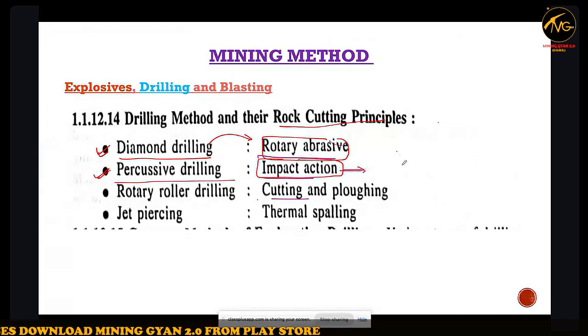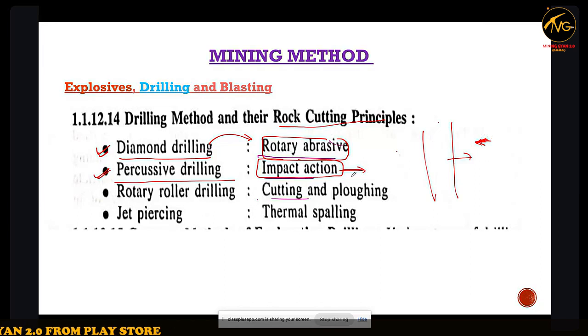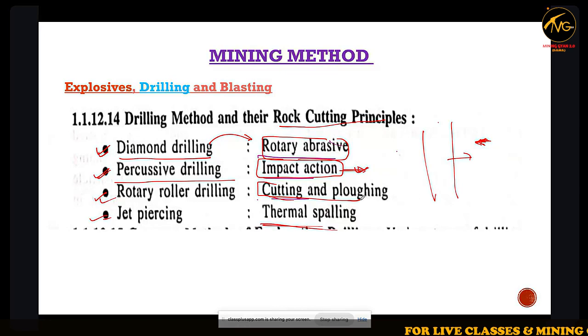I think you have seen the road breaker, which uses impact, tuck tuck tuck tuck. Rotary roller drilling works on cutting and plowing. Then jet piercing uses thermal spalling. So these are the four types of drilling methods, and these are the rock cutting principles.